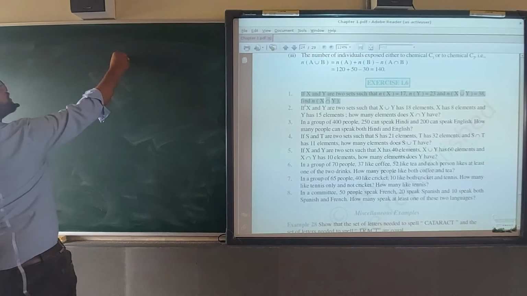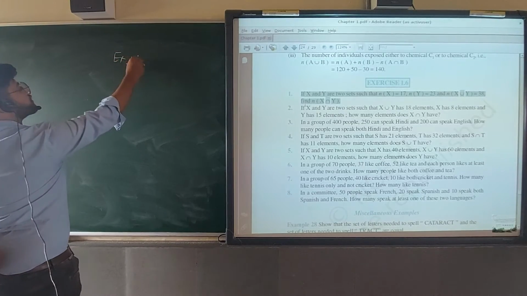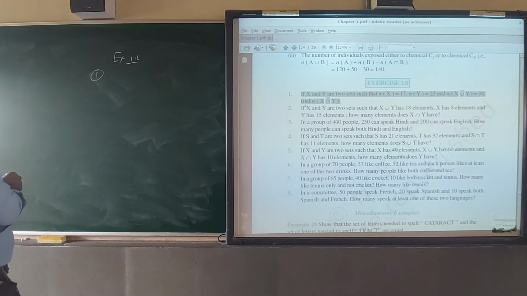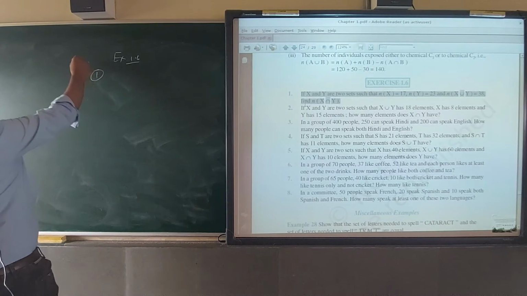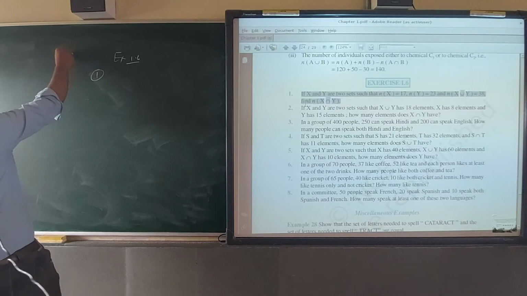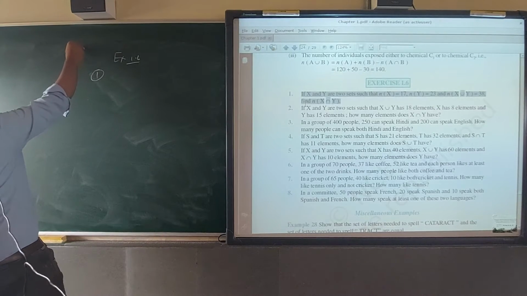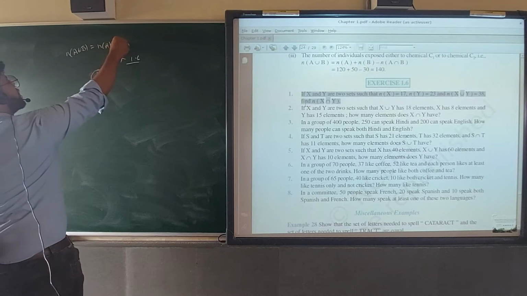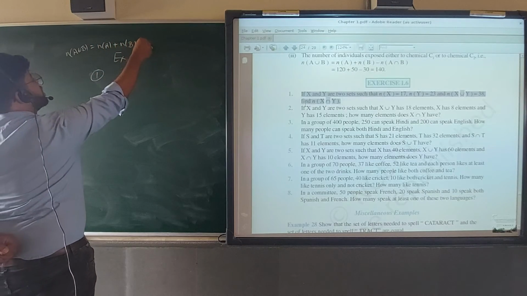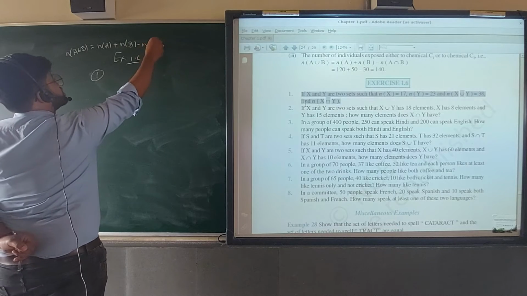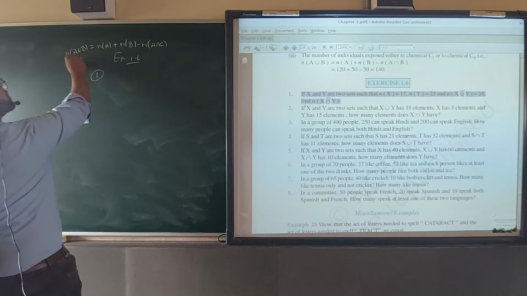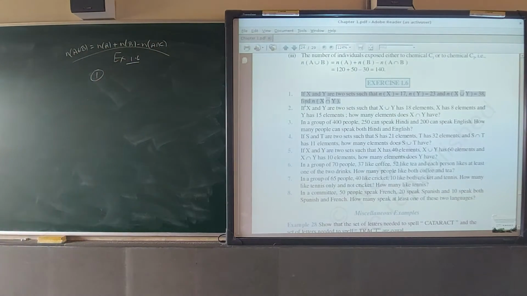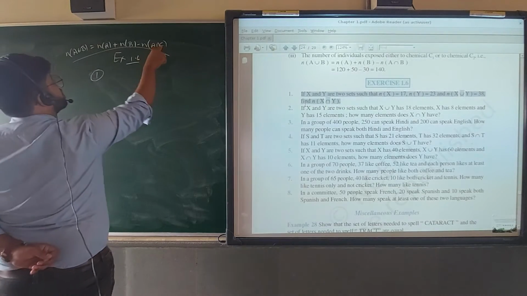Exercise 1.6, first one. Now first I will write the formula here: n(A union B) will be equal to n(A) plus n(B) minus n(A intersection B). This will be the formula.